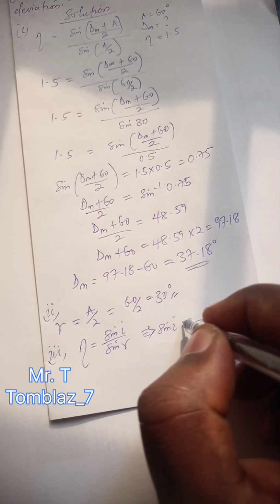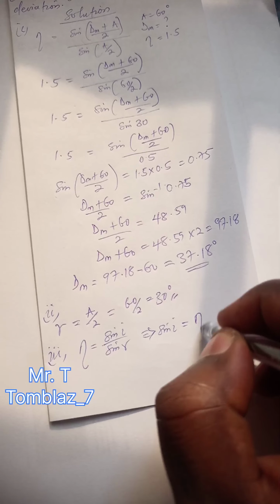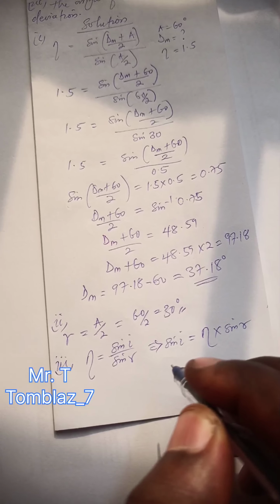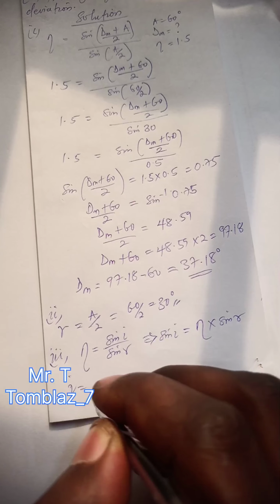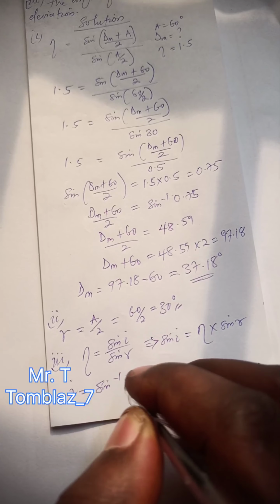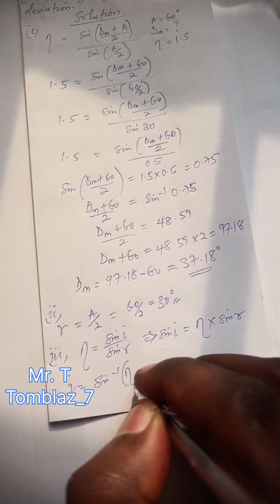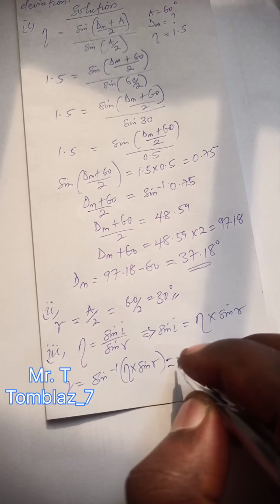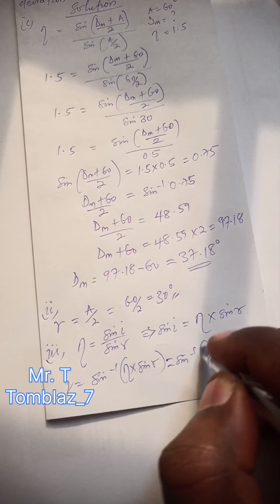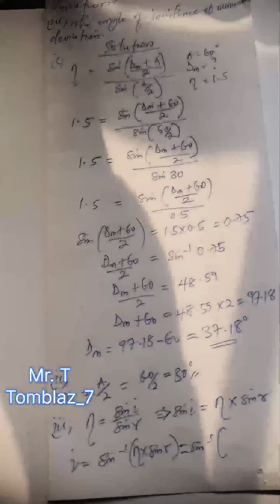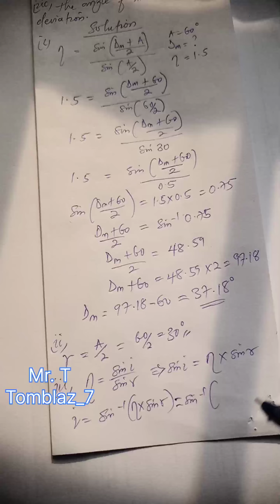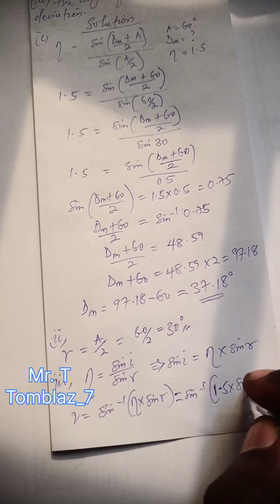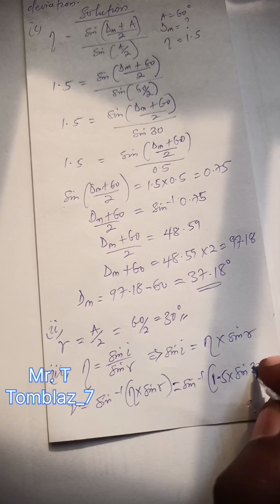So sine i will be equal to refractive index times sine r, right? So i will then be equal to sine inverse of refractive index times sine r, so we'll be having sine inverse of the refractive index that we already know to be 1.5 times sine r. r is 30.